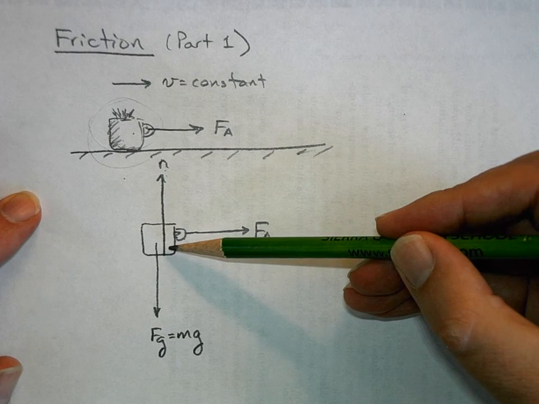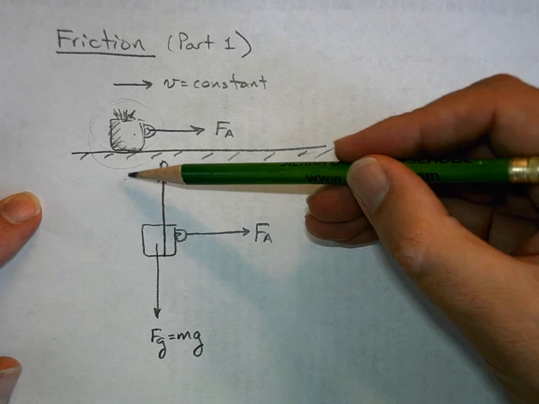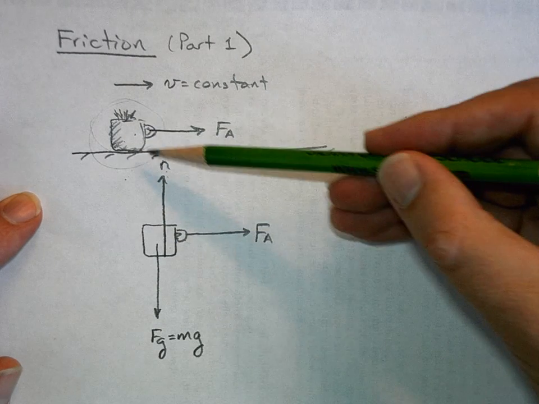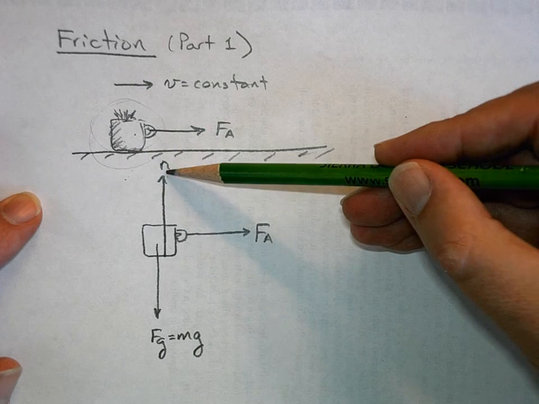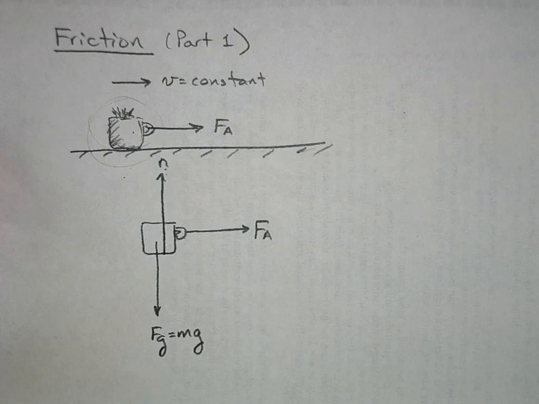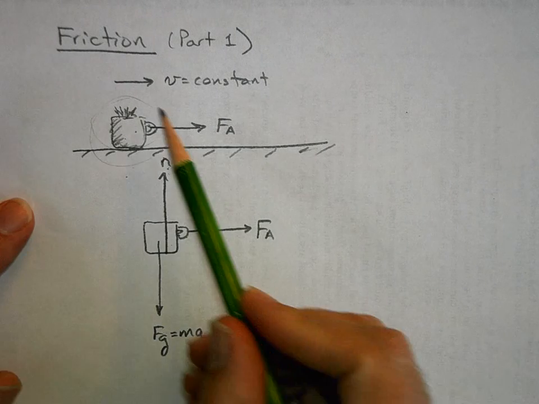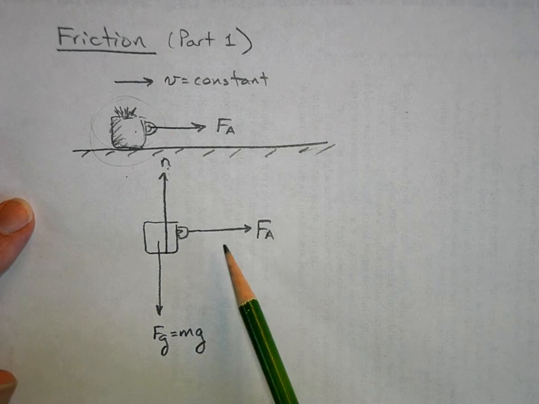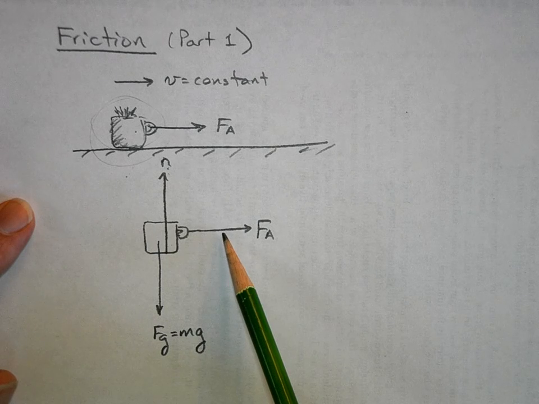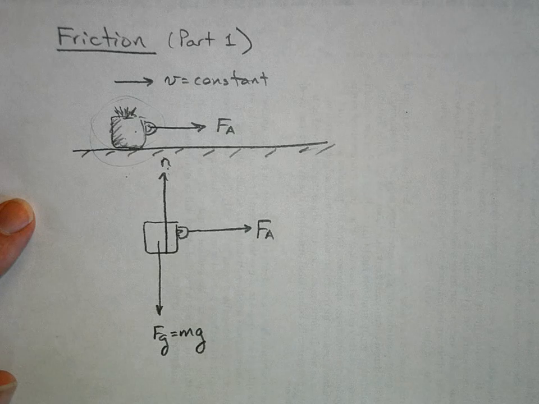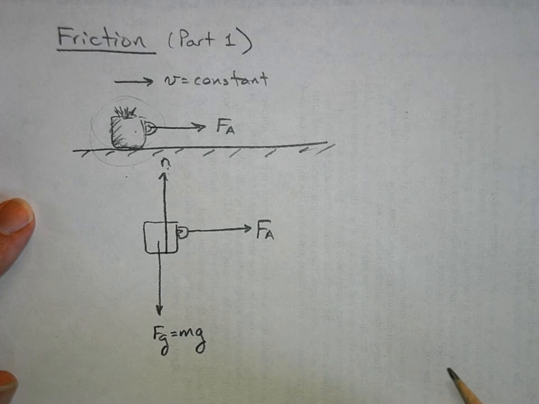That is, the table applies a force that's perpendicular to the surface, upwards, and that's going to support the weight of the coffee mug. But if this thing is moving with constant velocity to the right, well, this force has to be balanced with another interaction between the tabletop and the coffee mug.